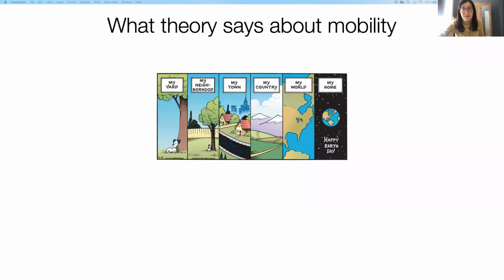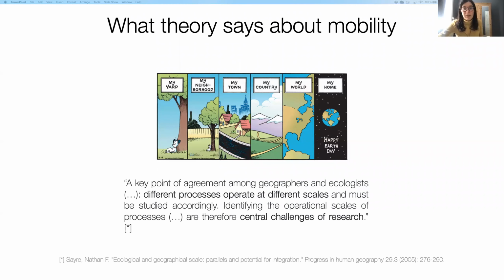And in fact, in human geography, the concept of scale is really central to the literature on human mobility. A key point in agreement among geographers and ecologists is that different processes operate at different scales and must be studied accordingly. So it is important to identify the operational scales of processes, and these are central challenges of research.